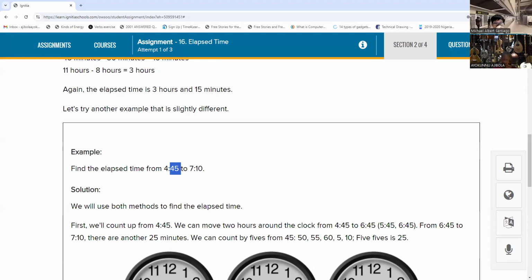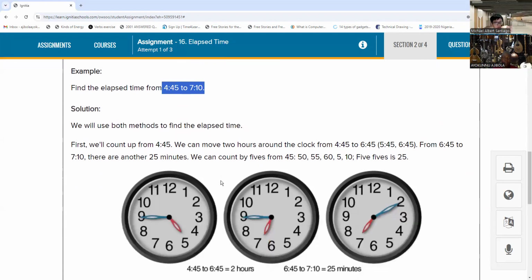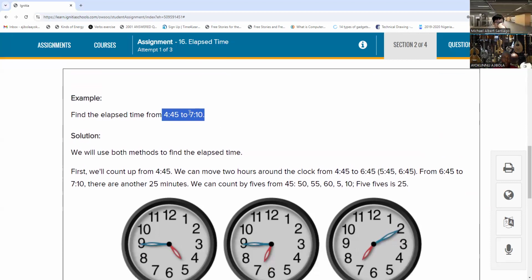All right. If we say 70 minus 45, what do we have here? 70 minus 45 is going to give us 25. So that means we can now say 6 minus 4. So this time difference will be 2 hours, 25 minutes, okay?